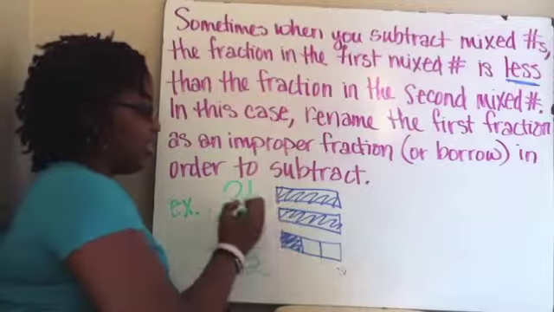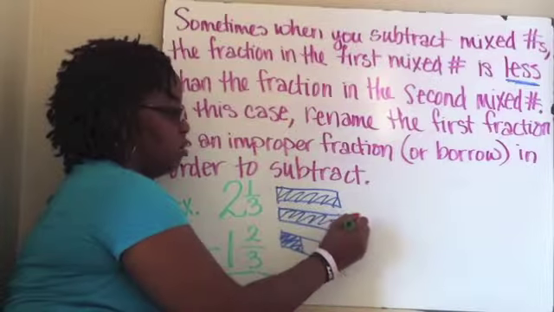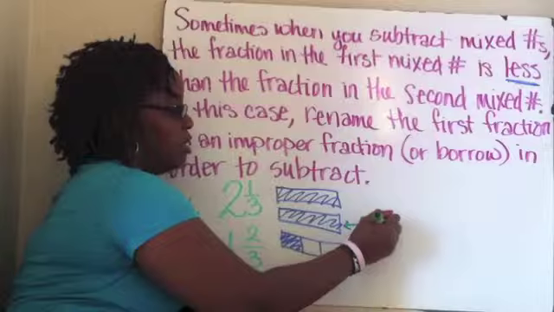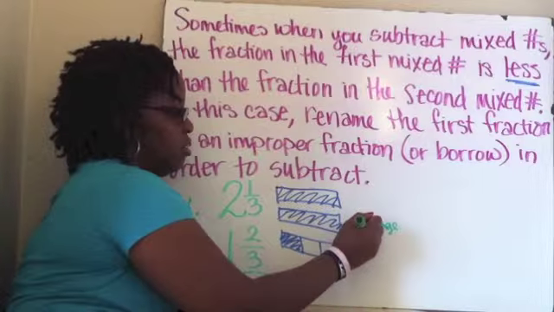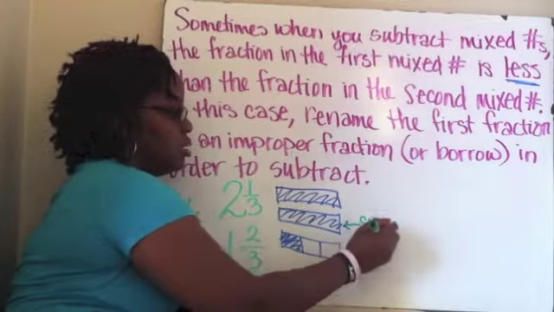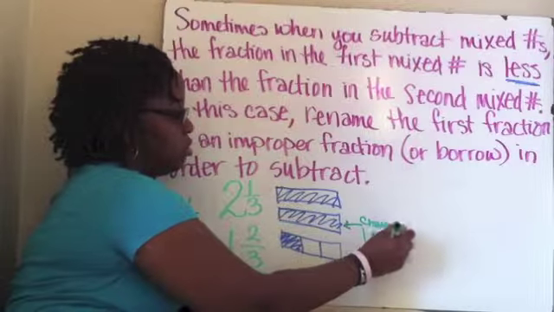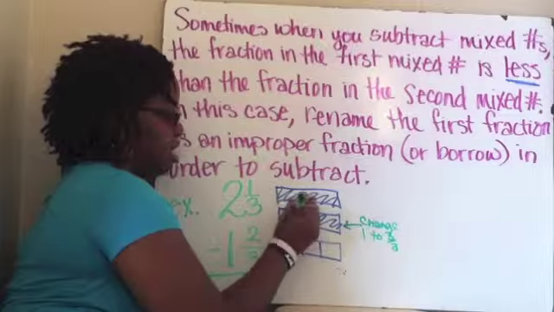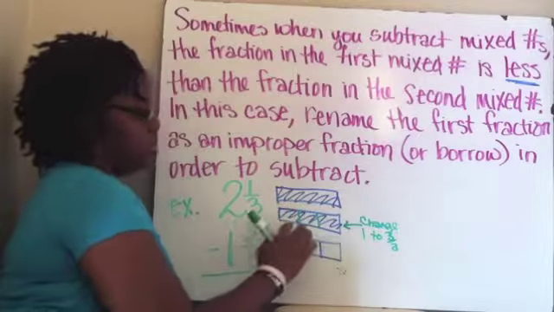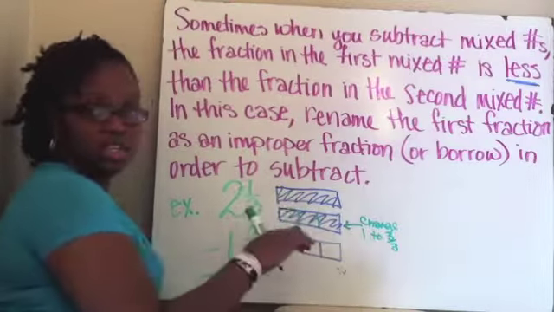Well, the way I can do that is borrowing from this 1 whole. So what borrowing looks like is changing this from 1 to thirds, because we're trying to take away thirds. And so 1 whole would end up being 3/3, because I would split it into 3 pieces. So 1, 2, 3 thirds. Okay?